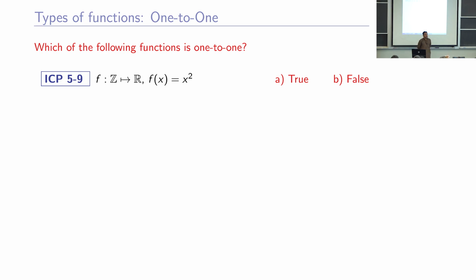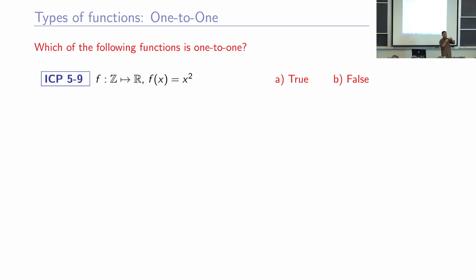Sorry? Now, the one-to-one requirement is a universal quantifier statement, right? For all x1, x2, if x1 is not equal to x2, then f of x1 is not equal to f of x2. So, now if you say it's not true, you have to give me a counterexample. Yes please. 1 and negative 1 are two different numbers.